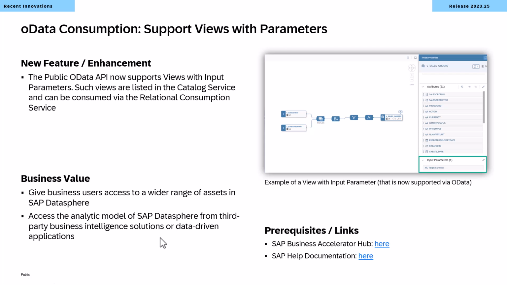So that's a new capability of the OData interface. If you want to know more, I showed you the online documentation earlier. That's exactly where you find additional information and more details around this. And with that, I would like to hand it over to Mona to give us an update on the catalog.